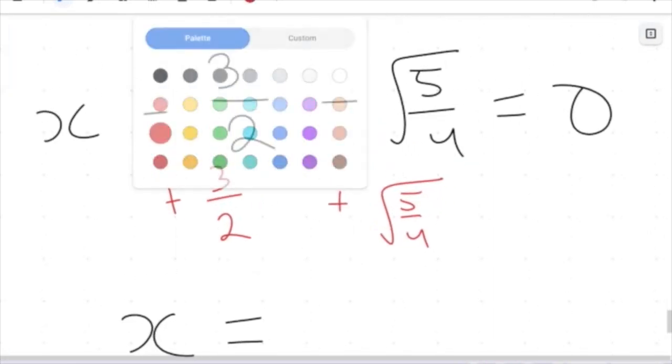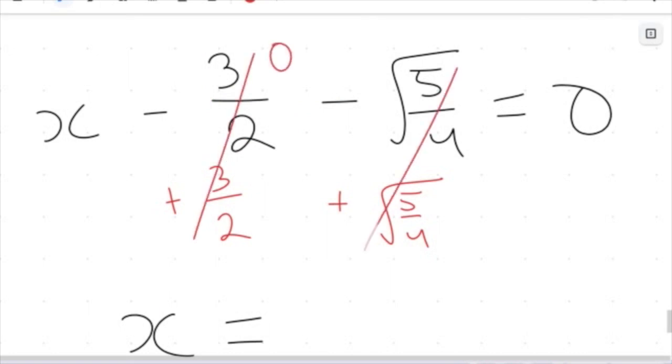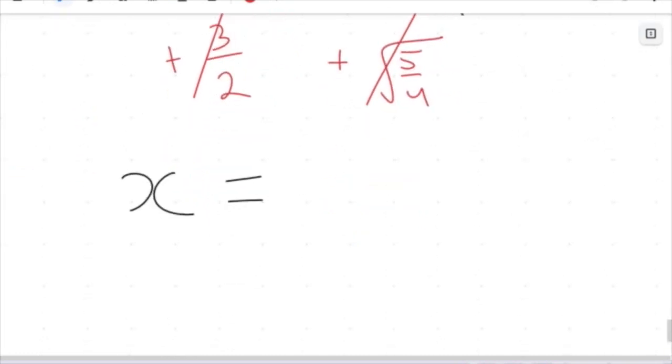That's isolating the x on its own here because the other two are going to be equal to 0. And that gives me 3 on 2 plus root 5 on 4.